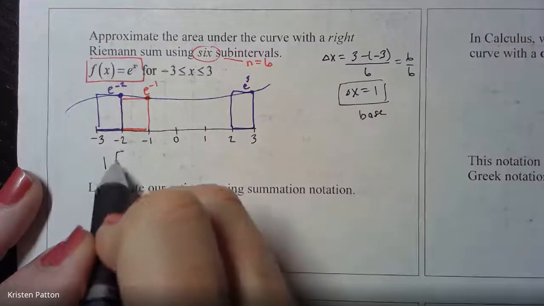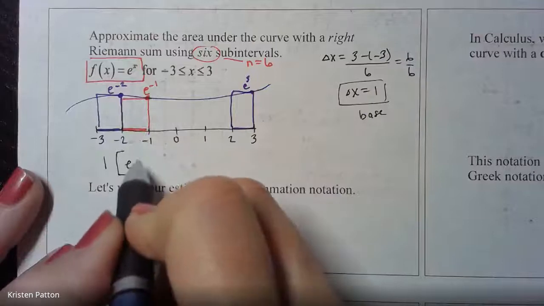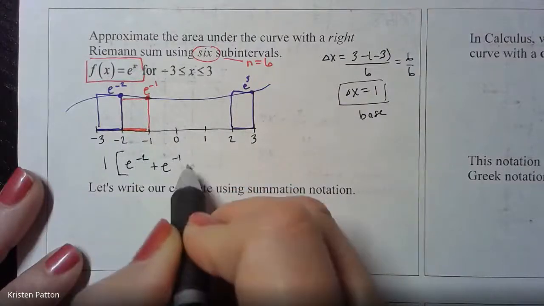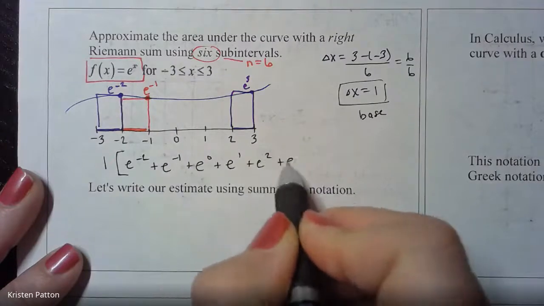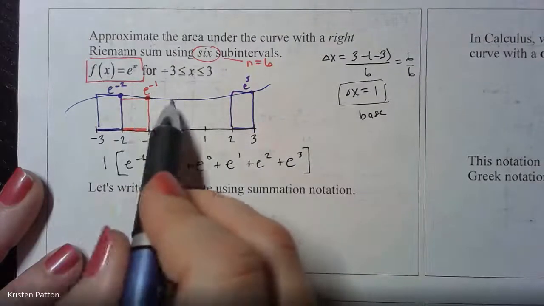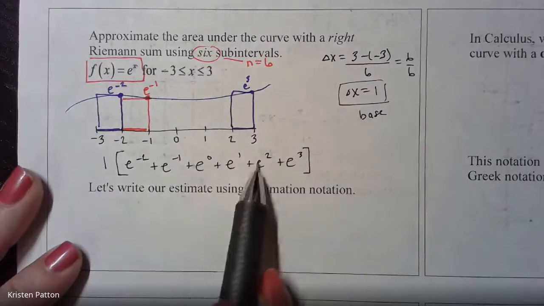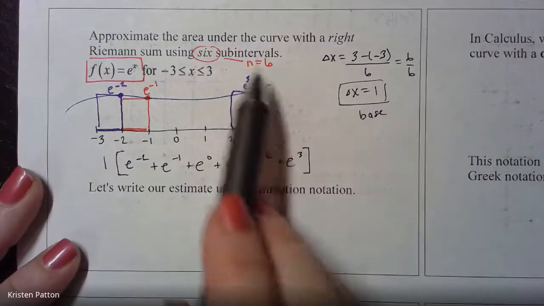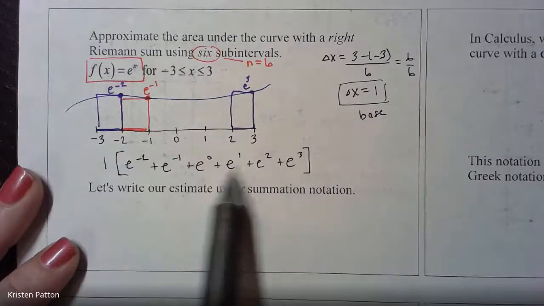So it's 1 times, I don't need to write that down, and then I just have my heights, e to the -2 plus e to the -1, e to the 0, e to the 1st, e to the 2nd, and e to the 3rd. I just skipped the ones in the middle because I knew what was going to happen. 1, 2, 3, 4, 5, 6 heights because they wanted 6 rectangles. We should always do that quick check at the end to make sure.